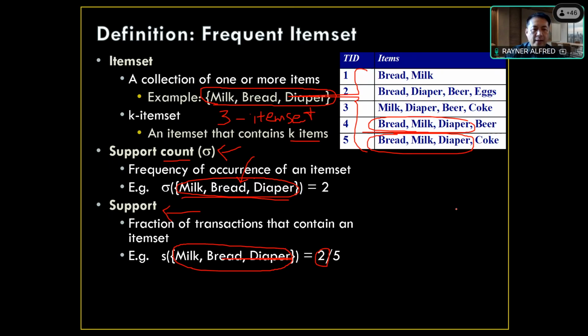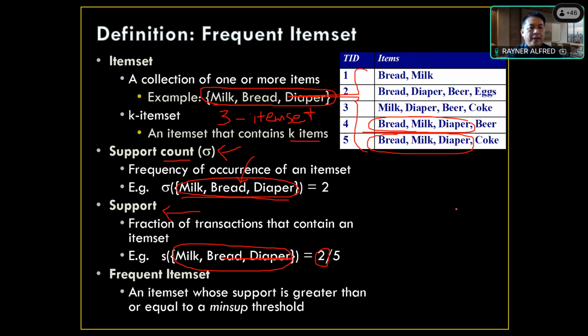We also have another one. So we define this frequent item set, an item set whose support is greater than or equal to the minimum support threshold. So this one is defined by us. So for instance, if we say the occurrence of the item set must be at least 3, so this is not frequent.